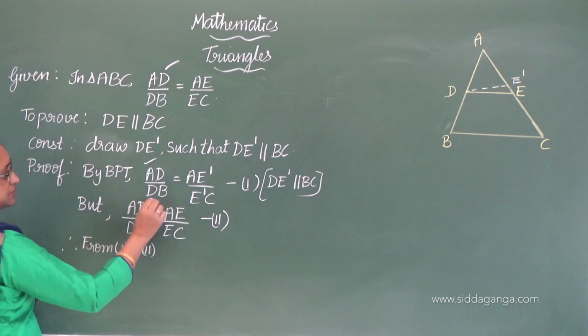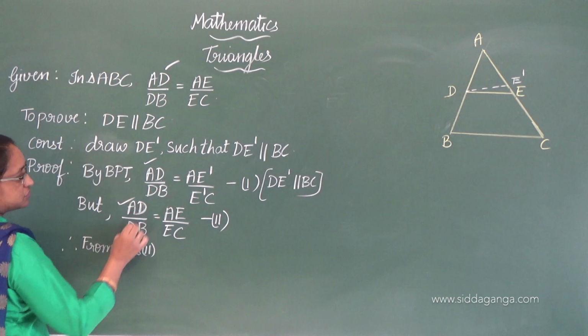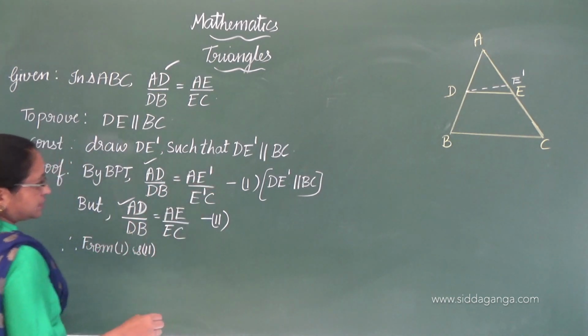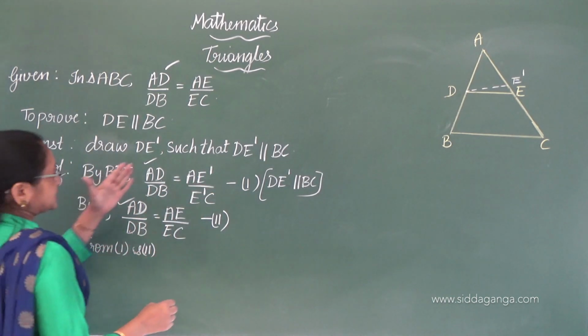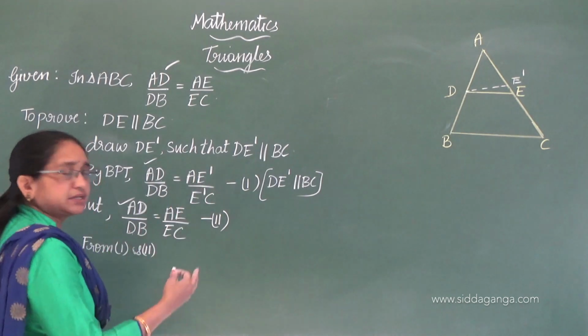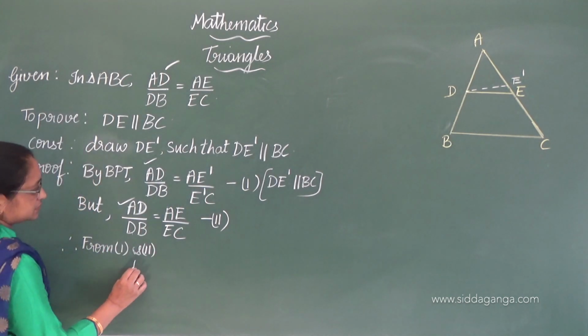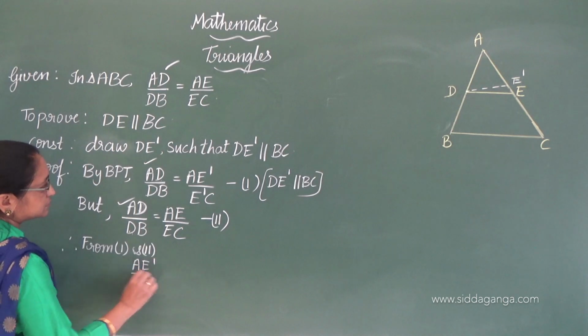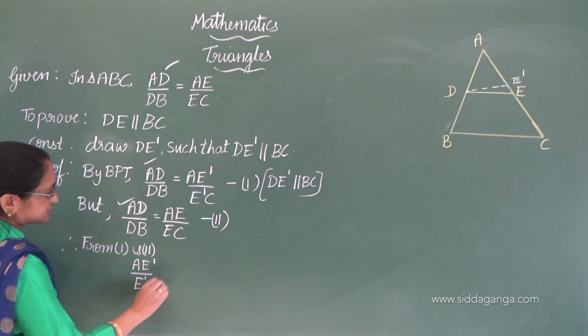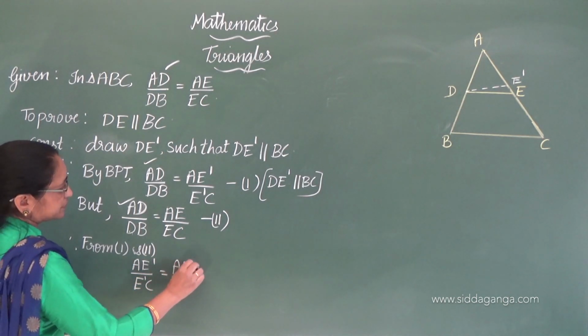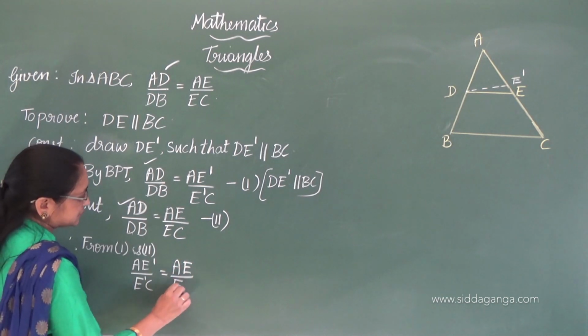AD by DB is equal to AD by DB. LHS is the same, therefore RHS should be the same. So, AE dash by E dash C is equal to AE by EC.